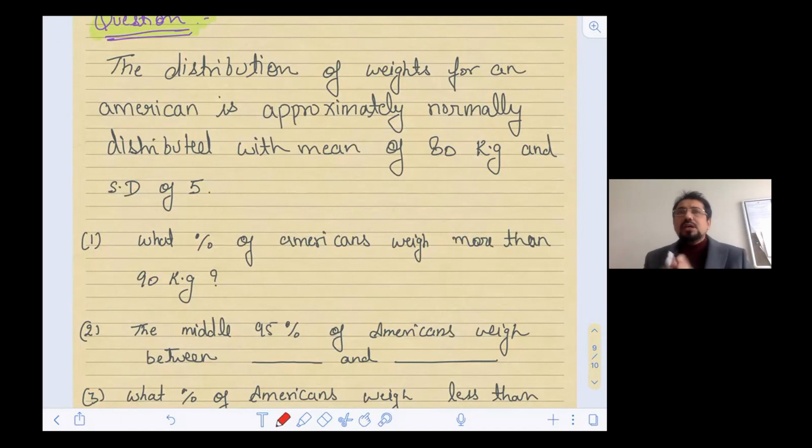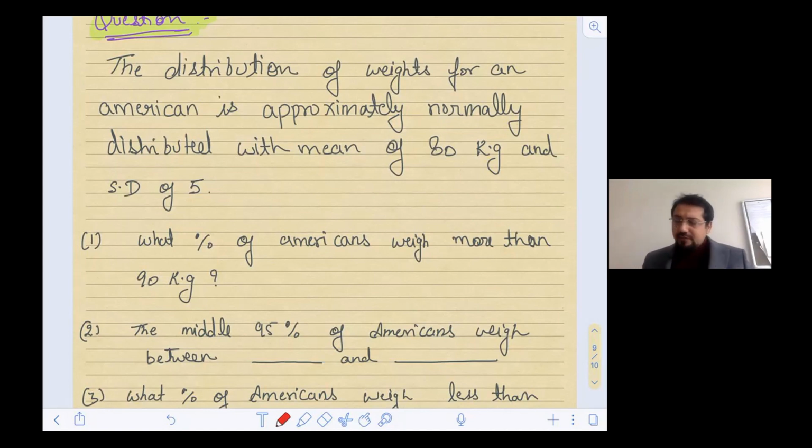For example, let's say I collect a sample and the average is 80 kilograms, but there are X, Y, Z people. I want to know exactly how far Y is from the 80 kilograms, which is the average weight. Likewise, I want to know how far Z is from the average.